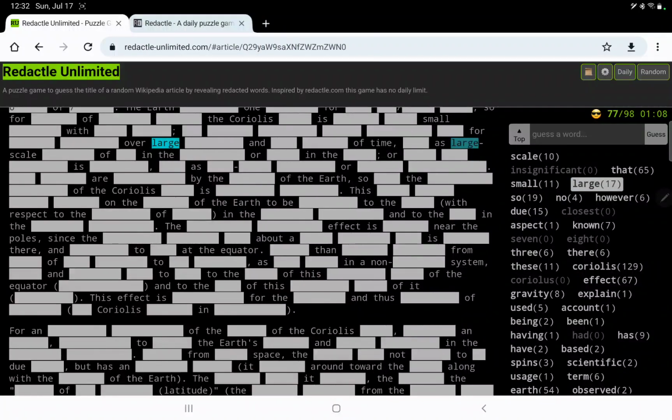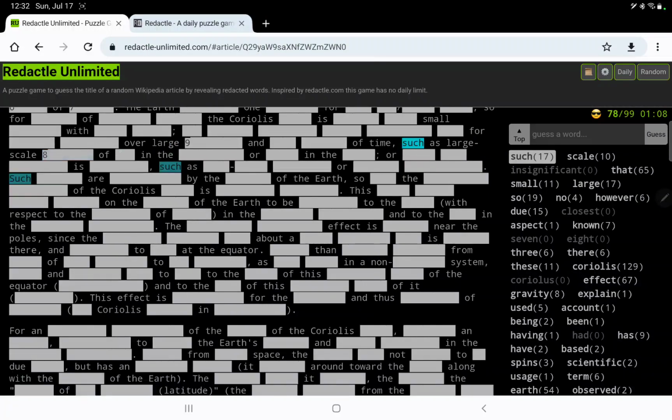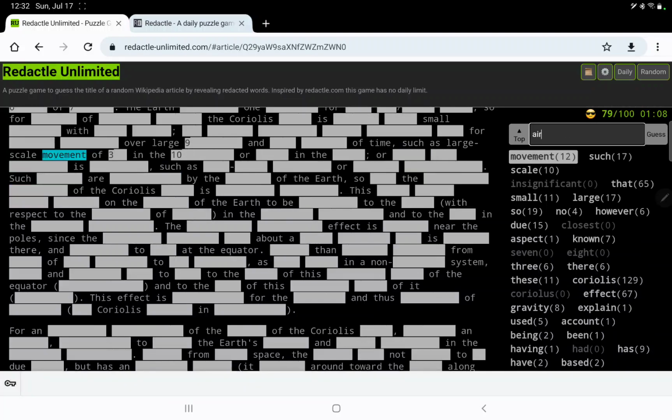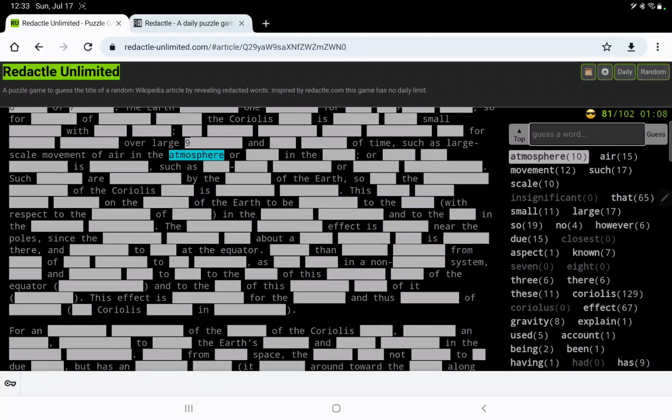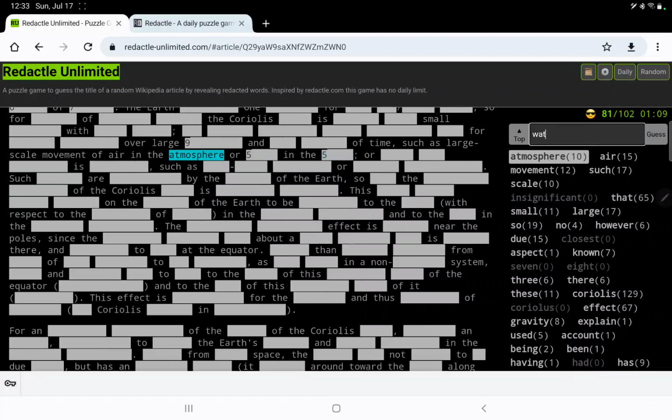Let's look at our larges over large something. Such as large scale something, movement of air, I'm thinking, in the atmosphere is 10 letters, yes, are water in the ocean.